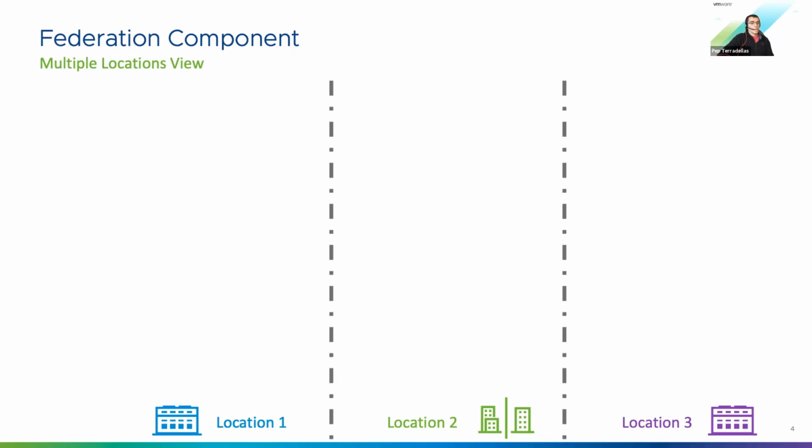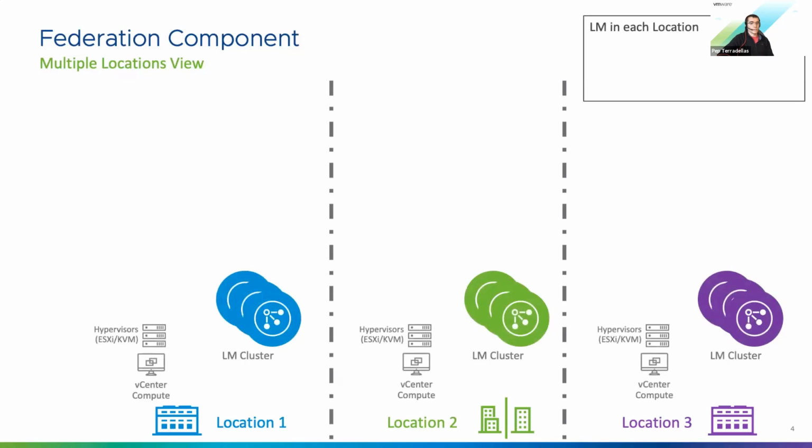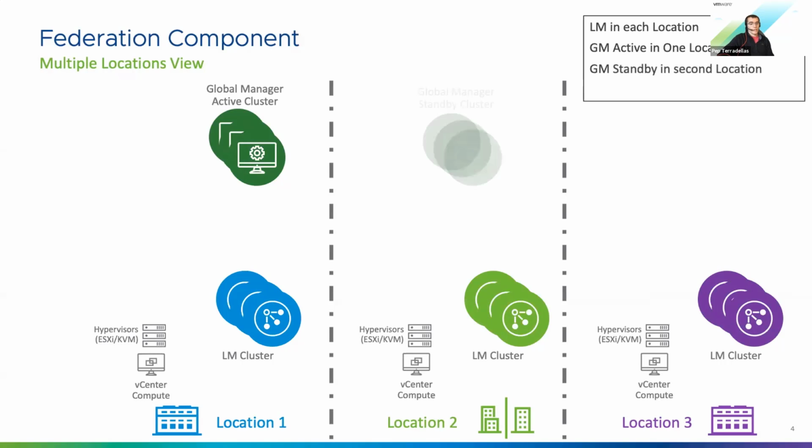So imagine that you have 3 locations. On each location, you have the components called NSX-T Local Manager. So no changes so far. Those are the management clusters we already know today. And at that point appears a new concept called Global Manager Cluster. For example, we can deploy it in location 1, as you can see here.